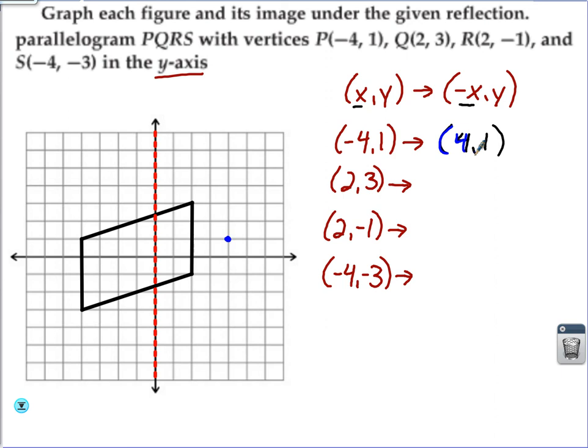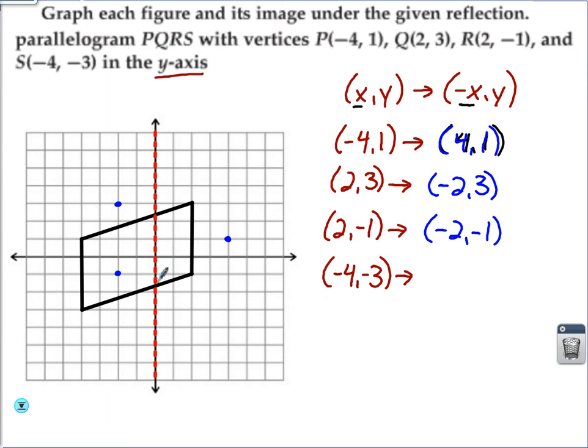(4, 1). The second one, (2, 3), Jackie, what's (2, 3) going to reflect to? Perfect. (-2, 3). This point went to here. Zoe, (2, -1) will turn into? Perfect. (-2, -1).